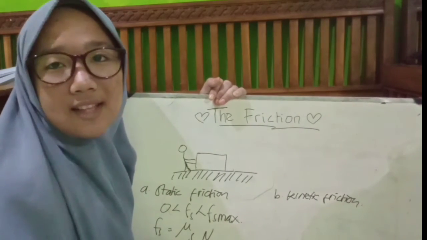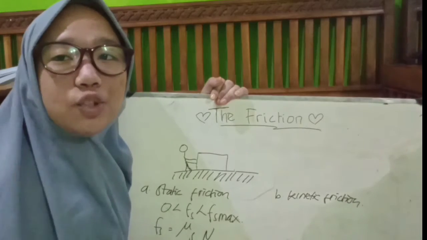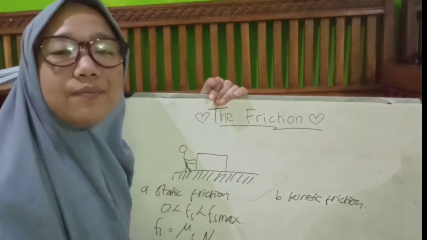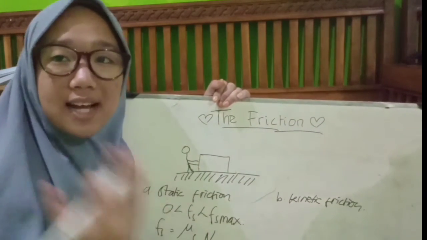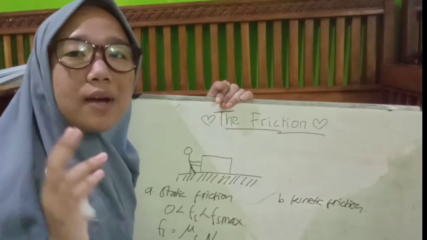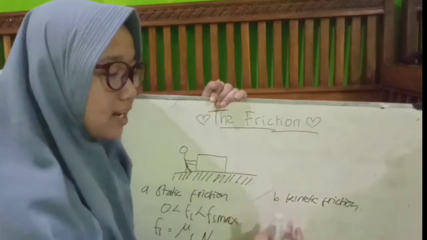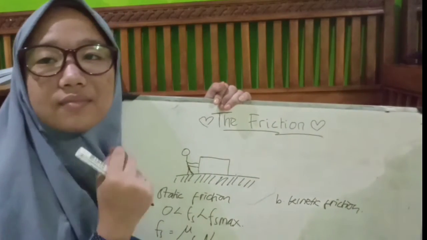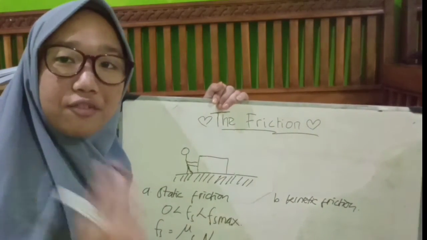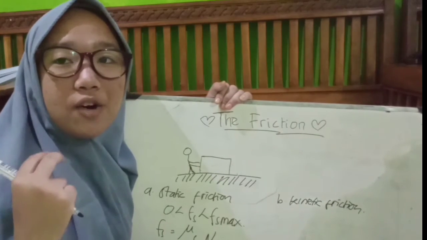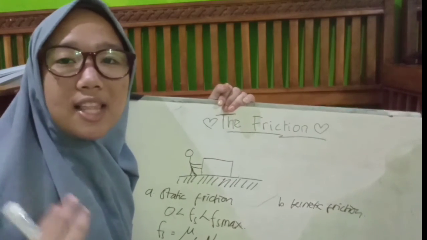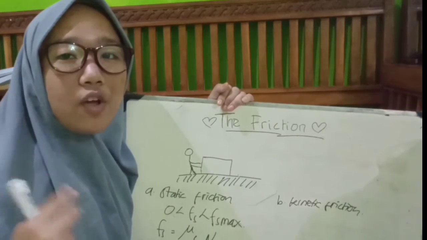If you understand, I will continue to the next discussion. The next is the second type of friction force, namely kinetic friction. Kinetic friction is the frictional force that acts on a moving object.